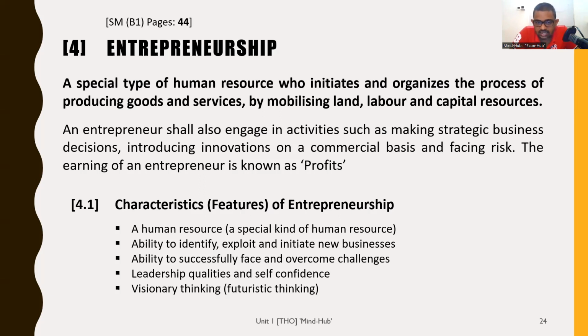That is why, when you write a good definition for entrepreneurship, you need to include those functions of an entrepreneur. Only if you include the functions will your definition be complete. It's very easy. There are 4 simple functions. Of course, I have explained each function in detail in your study material. But mainly there are 4 functions. Always when you think of entrepreneurship, these 4 functions should come to your mind.